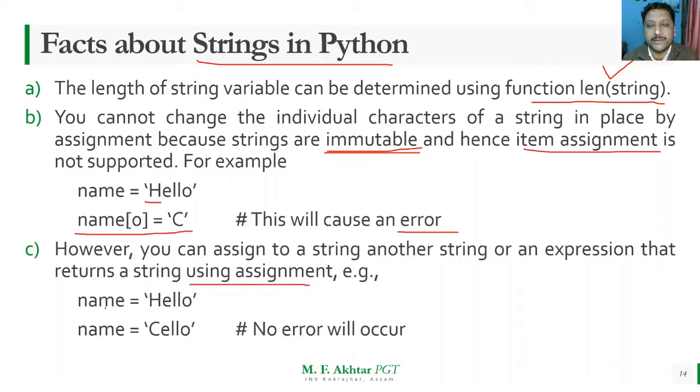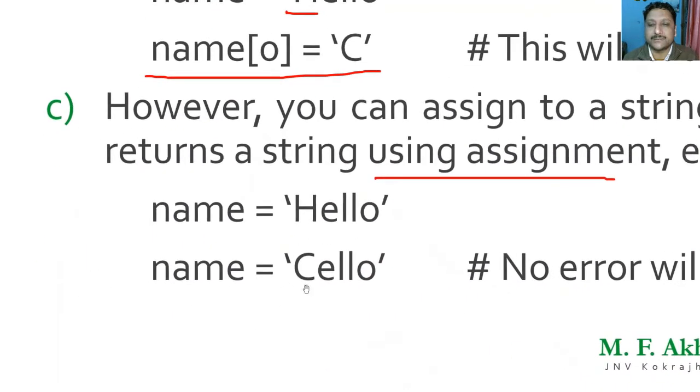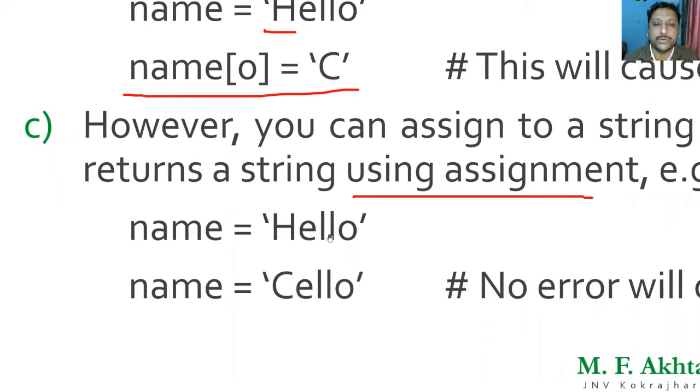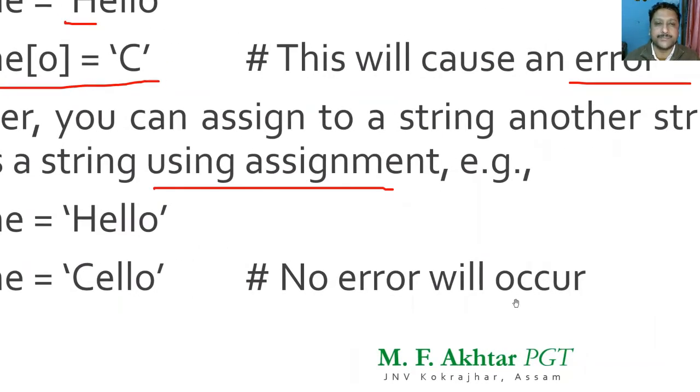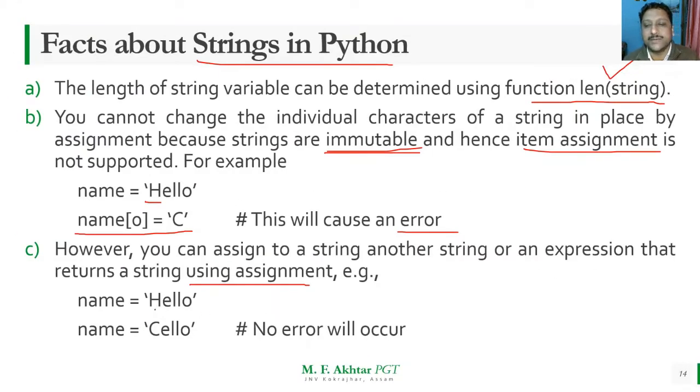If you want to change an individual character, then we have to change the whole string like this: name equals to 'hello', name equals to 'cello'. See, we want to change the first letter, but we have to write the whole word. Then it will give you no error, and the word will be changed from hello to cello.